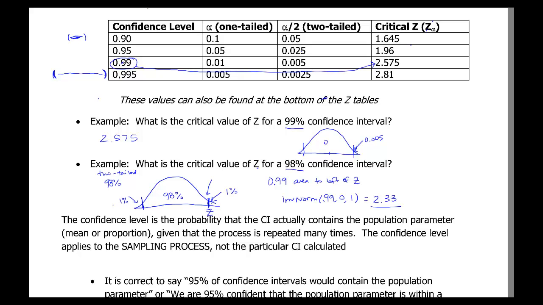So over here you'd have 0.995. So you could do your inverse normal, 0.995, and you'd get the same number that's on the table for a critical z for 99%. So that's a number that you'll need in order to calculate the margin of error. And again, a lot of them will be just using common values for the confidence levels, so you can just look it up on the table.